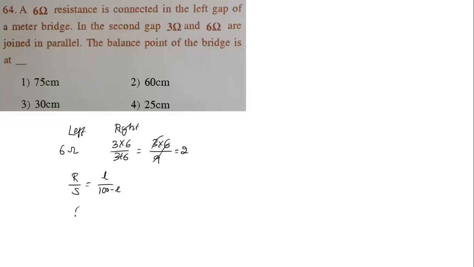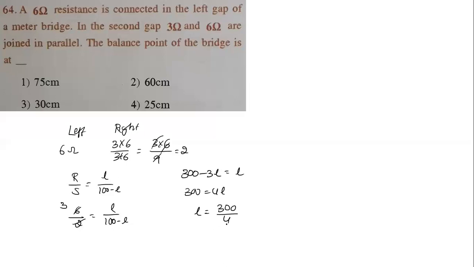Left gap 6, right gap 2, is equal to L by 100 minus L. Cancelling by 2, it is 3 equals L by 100 minus L. Cross multiplying, 300 minus 3L equals L. So 3L goes to that side: 300 equals 4L. Then L equals 300 by 4.